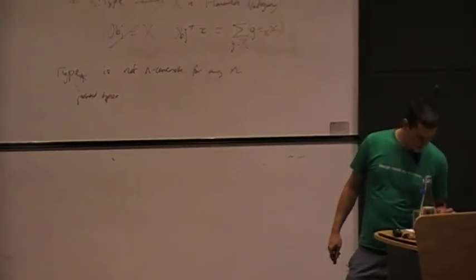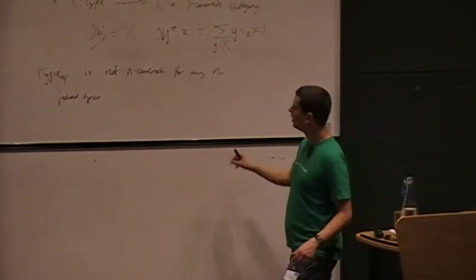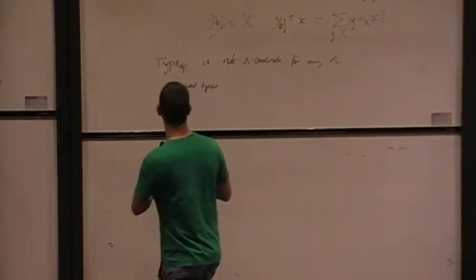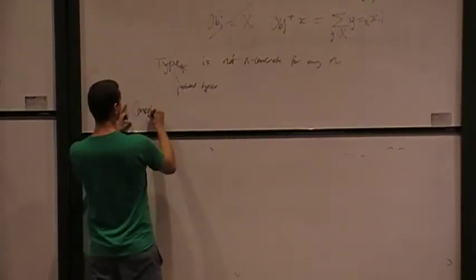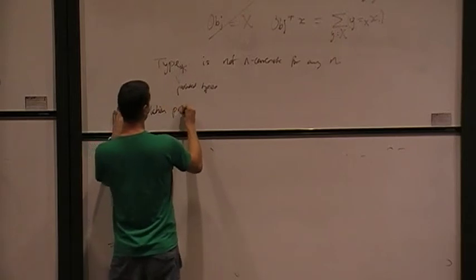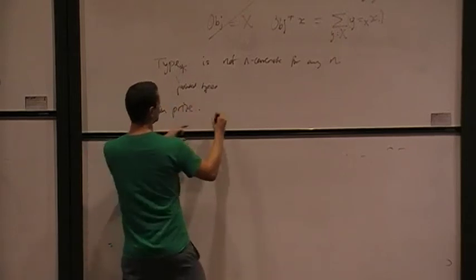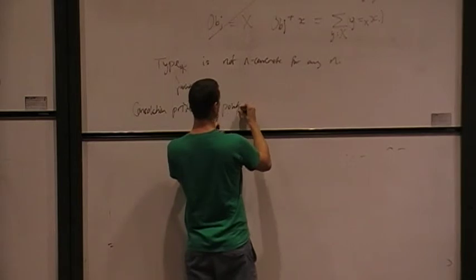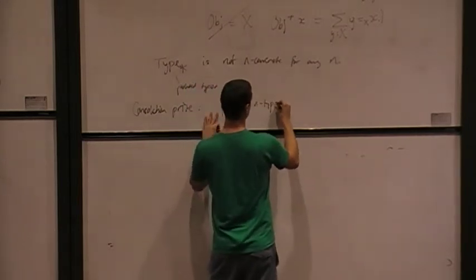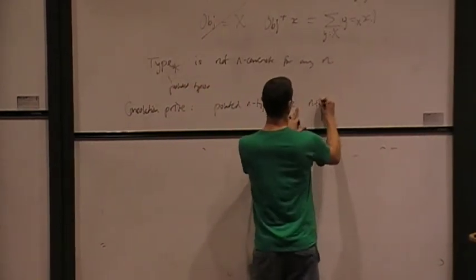Okay, so a consolation prize for that: pointed n types are n+1 concrete.